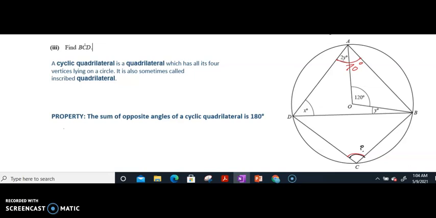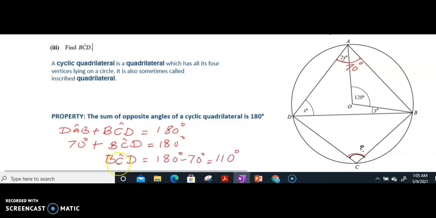So we can write angle DAB plus angle BCD equals 180 degrees. Now, DAB is already found, which is 70 degrees, plus BCD, we need to find it. 70 goes on the other side and is subtracted. Hence, we get angle BCD is equal to 110 degrees.